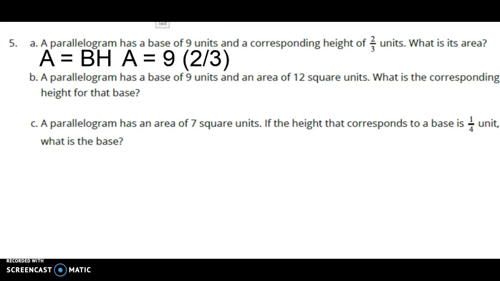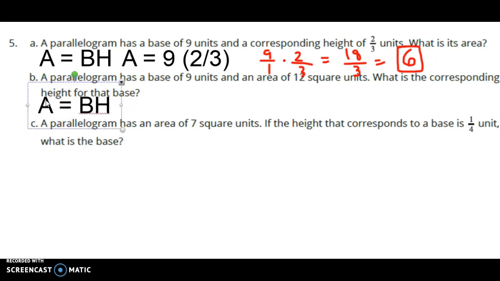So if I have 9 over 1 times 2 over 3, I multiply straight across, and that's going to give me 18 over 3, which 18 divided by 3 gives me 6 units squared. So box your answer. Okay, pause. Try the same thing for B and C. Check your answers up here.